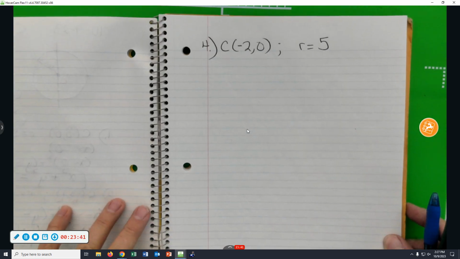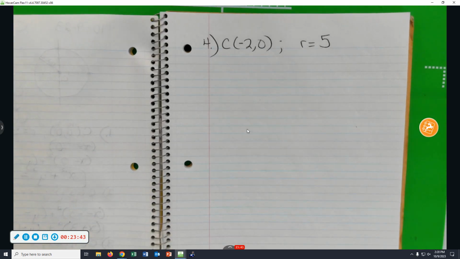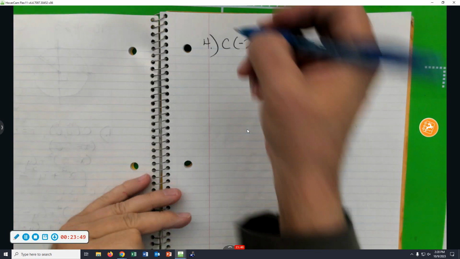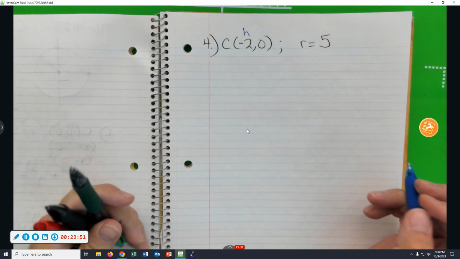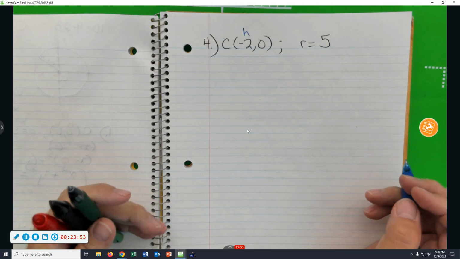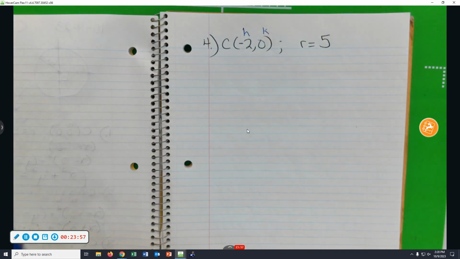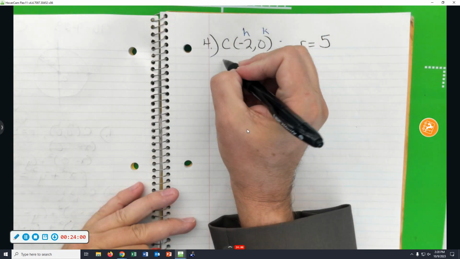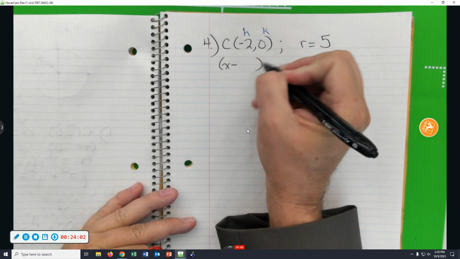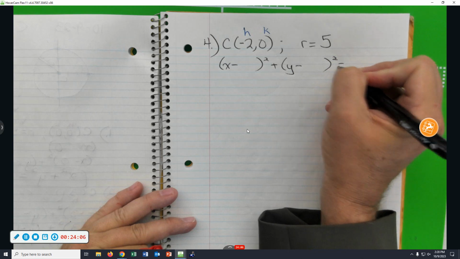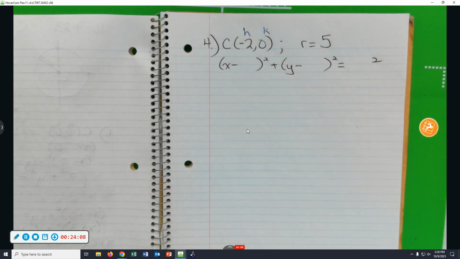What number's acting like H? Okay, negative 2 is acting like H. What number's acting like K? 0. So we have x minus, y minus, and the square there.